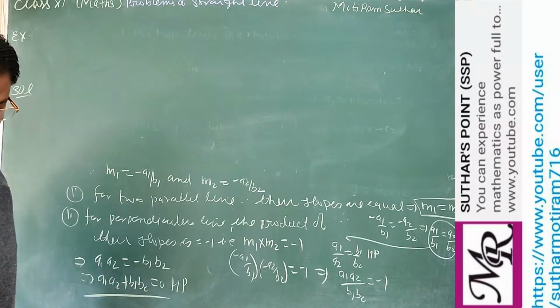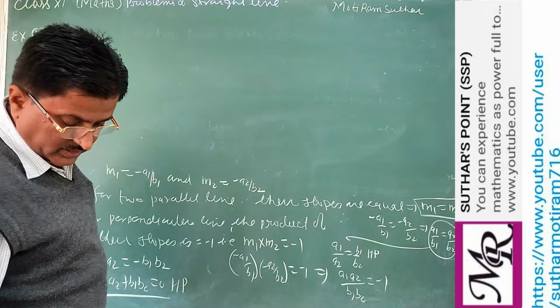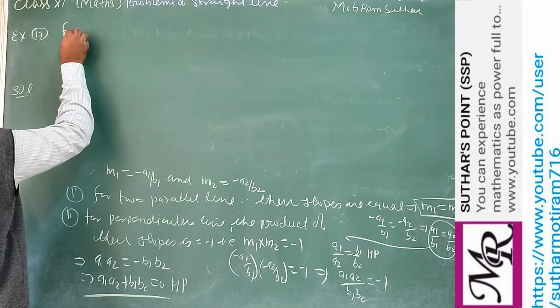Now the next problem, question 17. It says: find the equation of a line. This is very important.